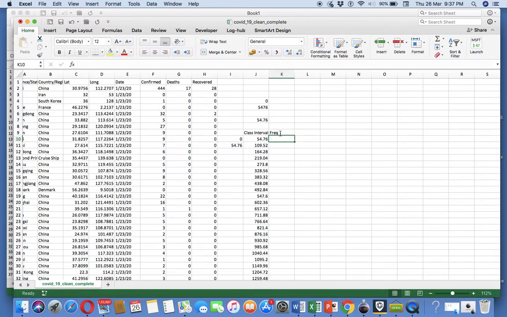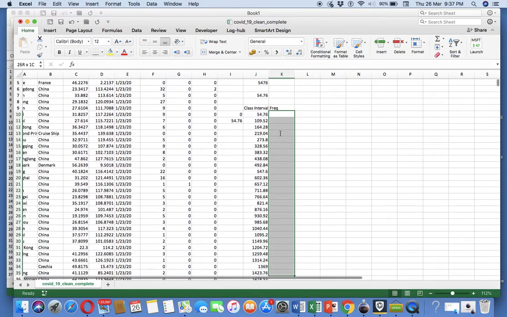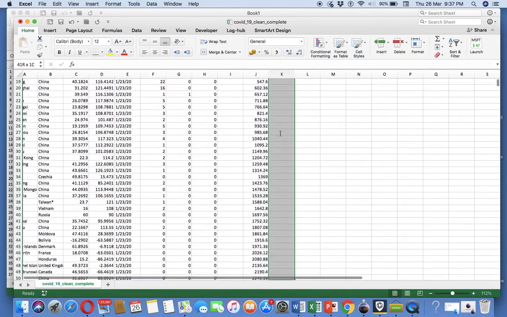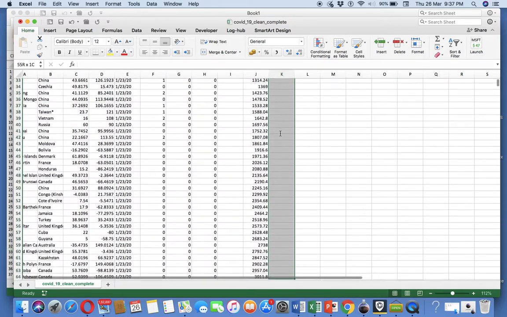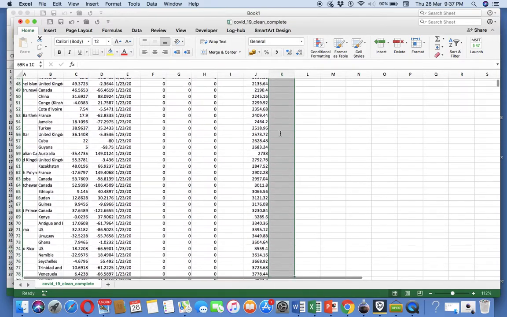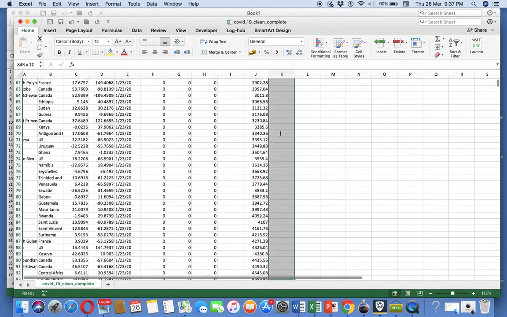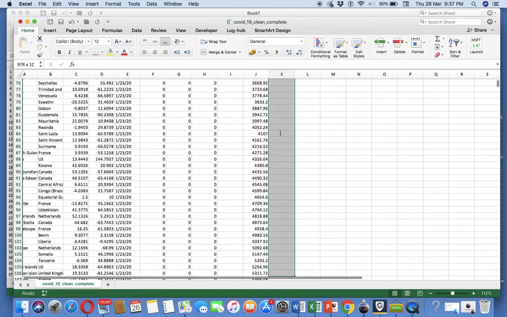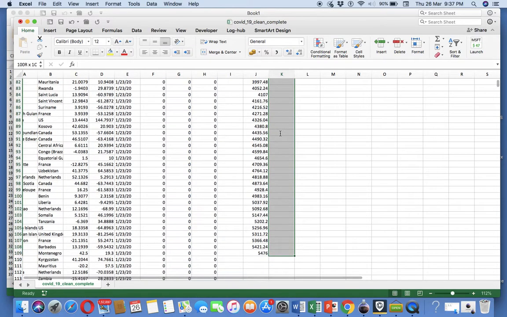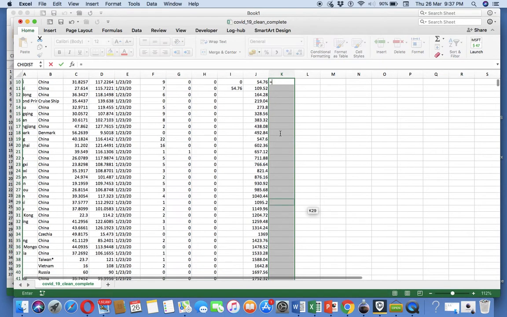So to fit a frequency distribution in Excel, select the range adjacent to the class intervals. Then keep the selection on and type equal to FREQUENCY.